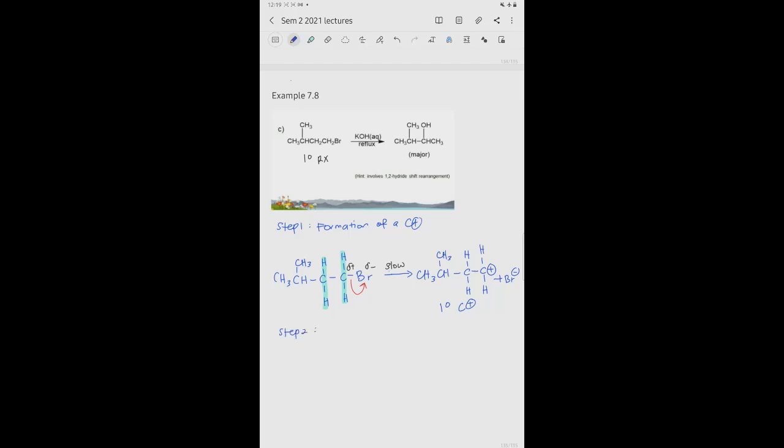Step 2 here involves rearrangement. How do we know that we have to do the rearrangement? A 1,2 hydride shift.